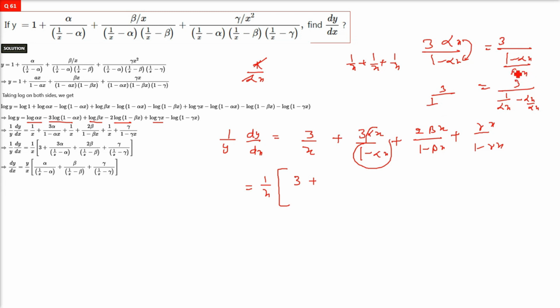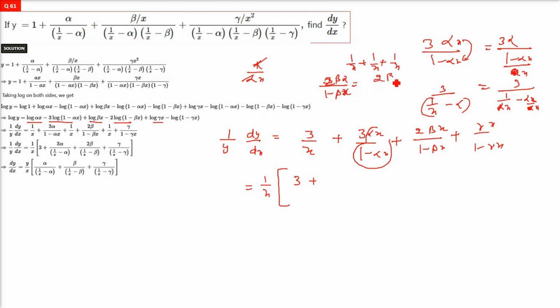So that will give you the same term from where we started. It is 1 by x minus alpha. So 3 alpha by 1 by x minus alpha. Then 2 beta x divided by 1 minus beta x. X we are going to bring in the denominator, same thing.